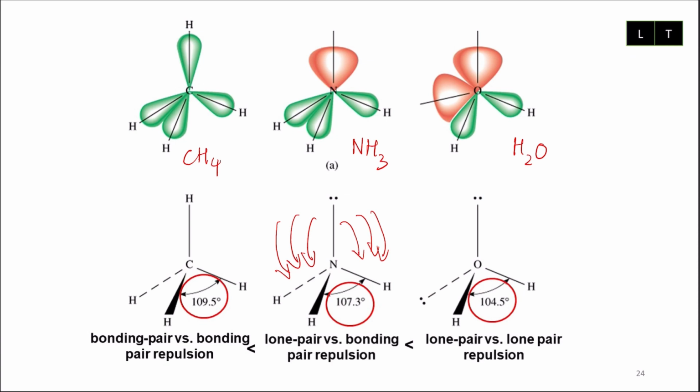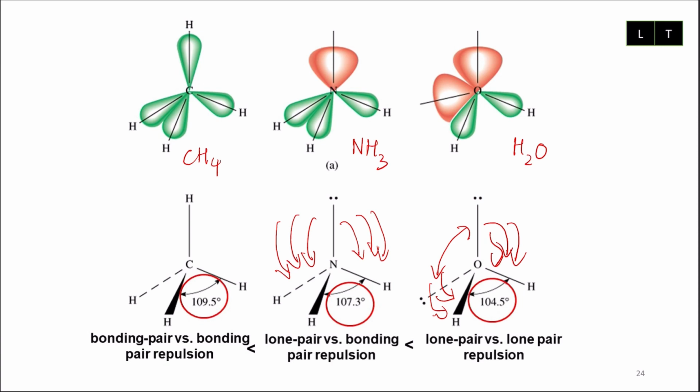And seterusnya, awak ada H2O di mana H2O ada extra lagi satu lone pair dan awak akan ada lone pair repulsive forces di mana tolakan ini akan menolak dan dia akan tolak sampailah angle untuk bonding pair with bonding pair between two hydrogens lagi kecil berbanding NH3, iaitu 104.5 degree.